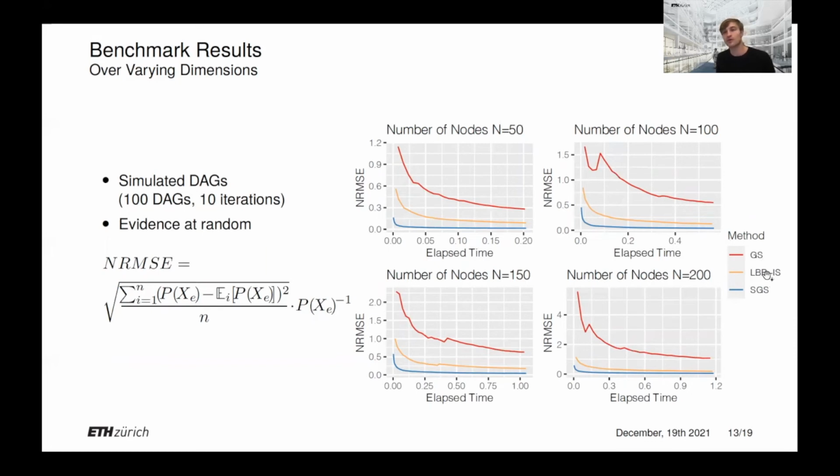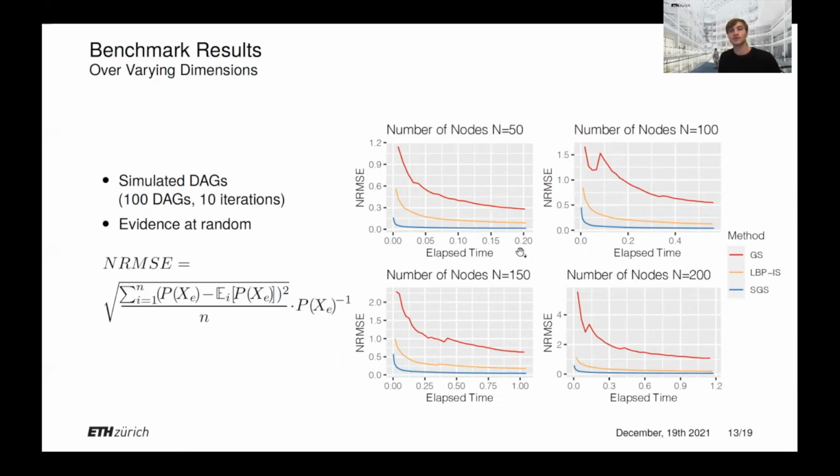And maybe just a small remark here, we did use the importance sampling algorithm at the end of the calculation of Gibbs sampling and loopy belief propagation, because these two algorithms give the probability of a single variable given the observed variables, and that is different from the marginal probability distribution. So to account for that, we used importance sampling.